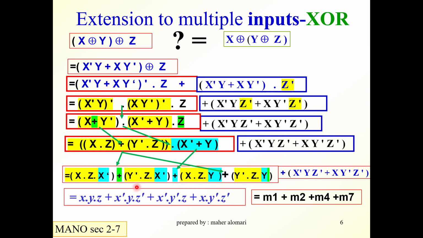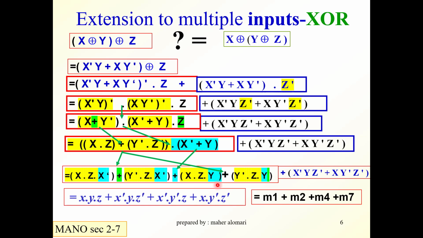Okay, here we see X ANDed with X bar. This is 0, so this term goes out. And here we see Y bar ANDed with Y, so this term also goes out. We are left with this term, and this term, and this term, and this term.